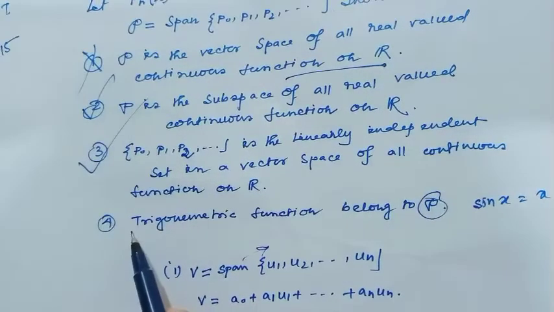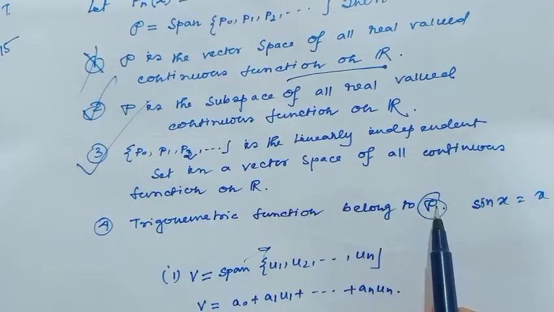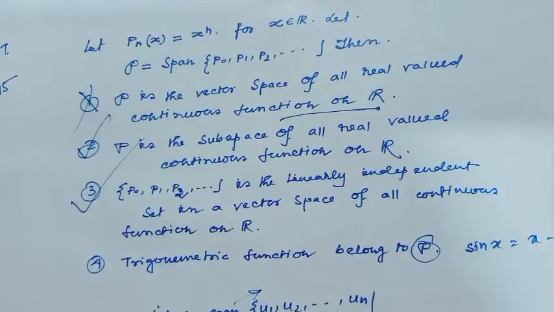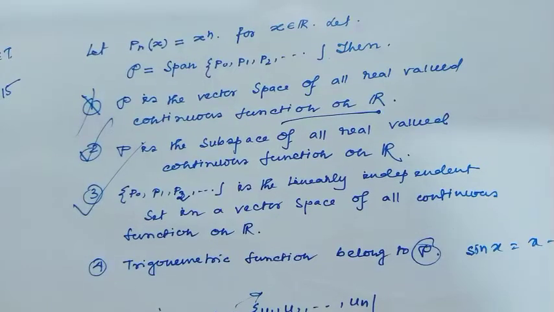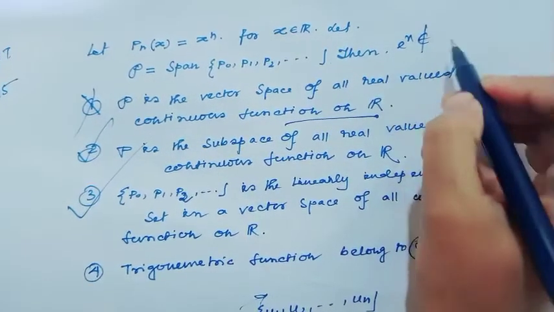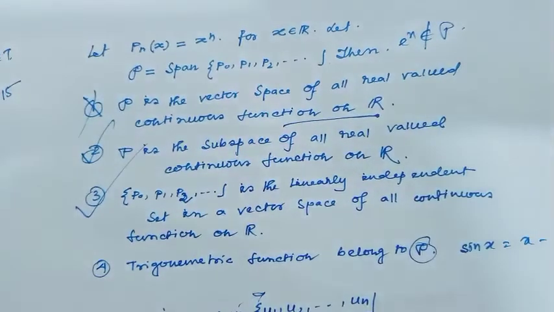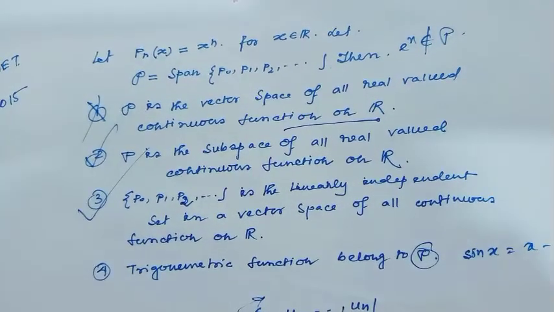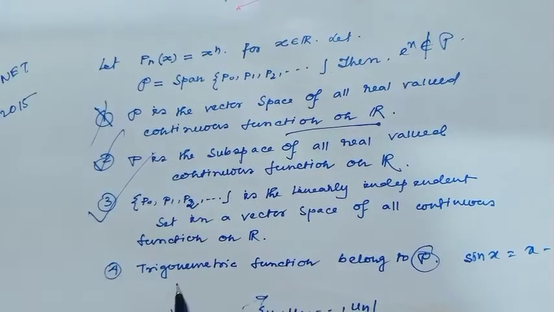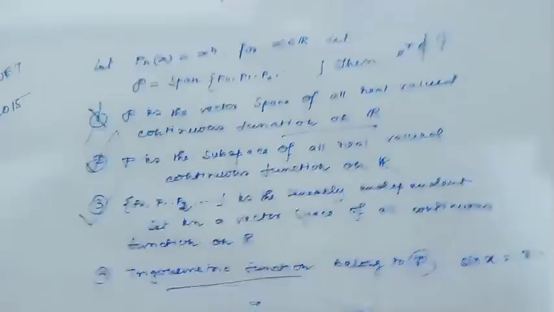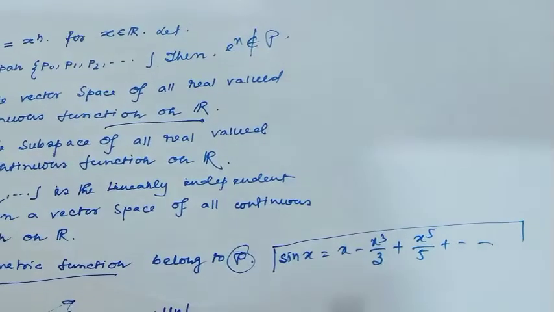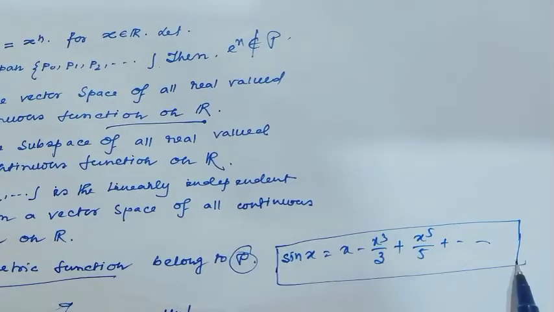Option 4 says trigonometric functions belong to this set P. At the beginning of the lecture I showed that e to the power x does not belong to this spanning set P, because e to the power x means there exists an infinite sum. Similarly, here the question is about trigonometric functions. If we consider sin x, then this sum is obviously an infinite sum.